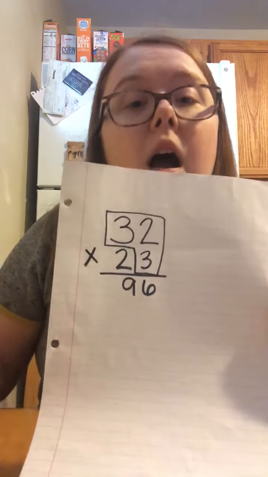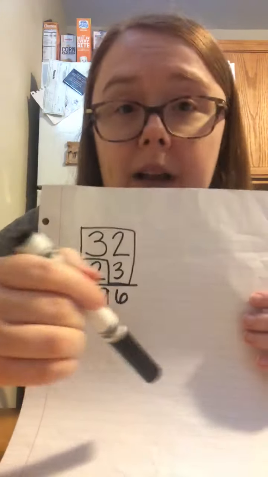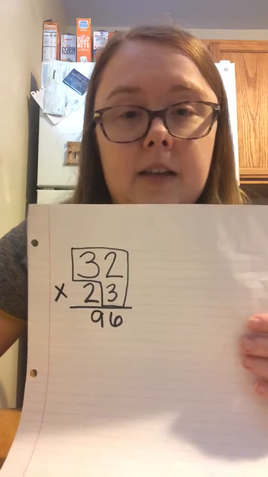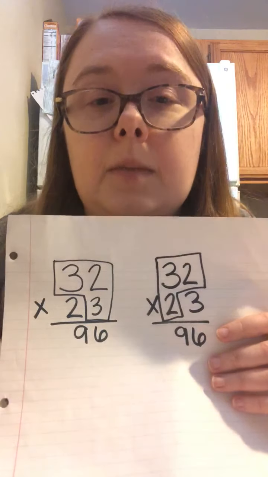Now I'm going to move on to the next spot, and I'm going to just rewrite this problem really quick so that I can show you the next step and box what I'm going to work on next. So I'm just going to write 32 times 23 again, and I already have that first step of getting 96, so I'm going to write that. However, I'm now going to box the 2, and notice that that 2 is in the tens place.